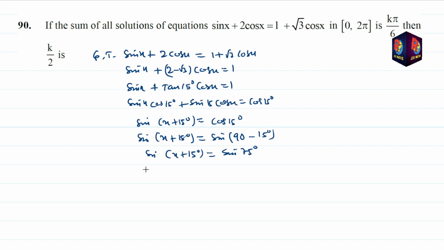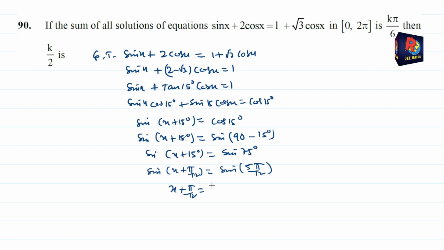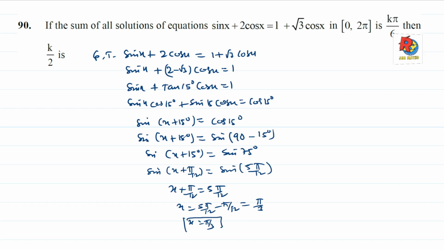Therefore x plus 5π by 12 equals 5π by 12... so x equals 75 minus 15 degrees, which is π by 3. So x equals π by 3.